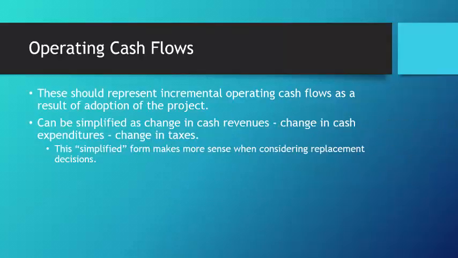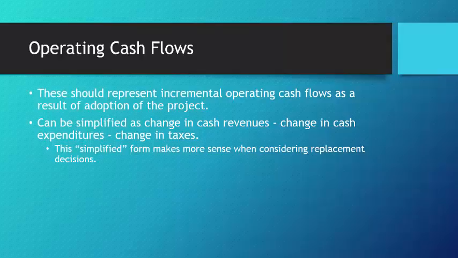And in particular, we're going to be looking at cash revenues, change in cash revenues, change in cash expenditures, change in taxes, and then we're going to be doing the same thing that we did before.